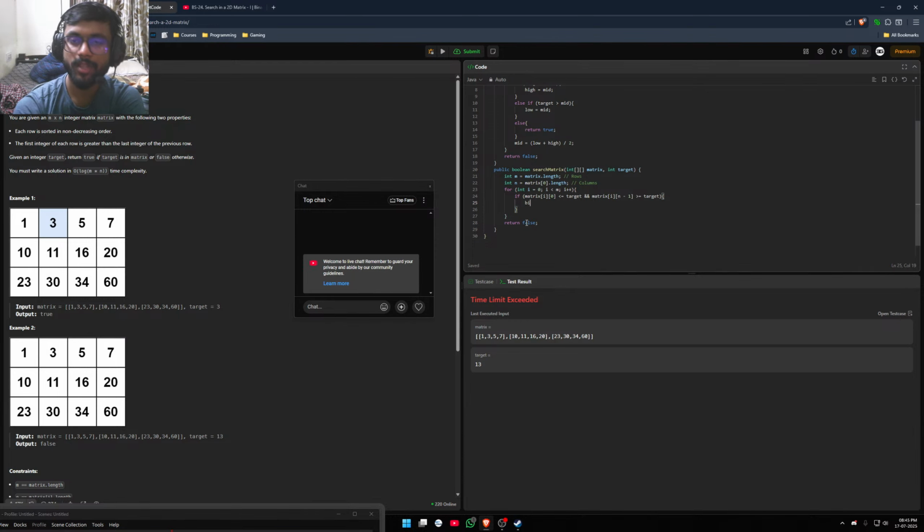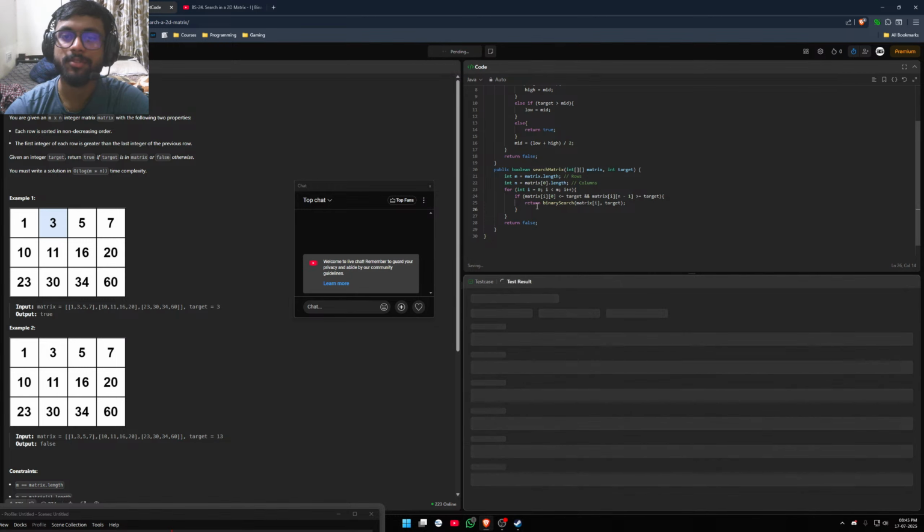If it lies between, then we do the binary search, so return binary search of matrix of I, comma target. If that is true, then we check it. If not, just return false. This is straight up.